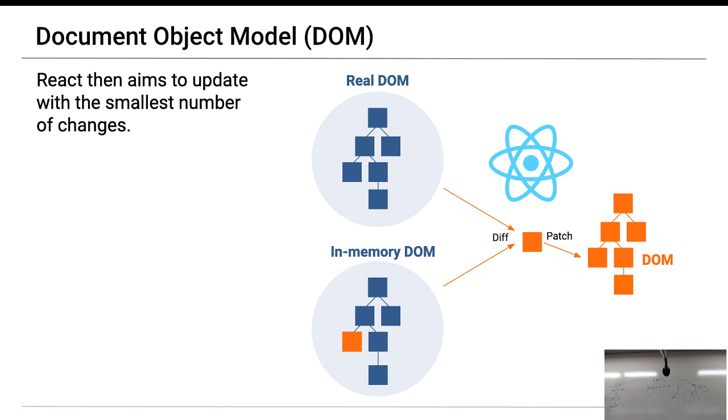It has an algorithm that finds the quickest way to update with the smallest number of changes to this DOM. Instead of updating the whole thing, I need to update just this small piece. That's what they're good at, and that's what makes it extremely fast.